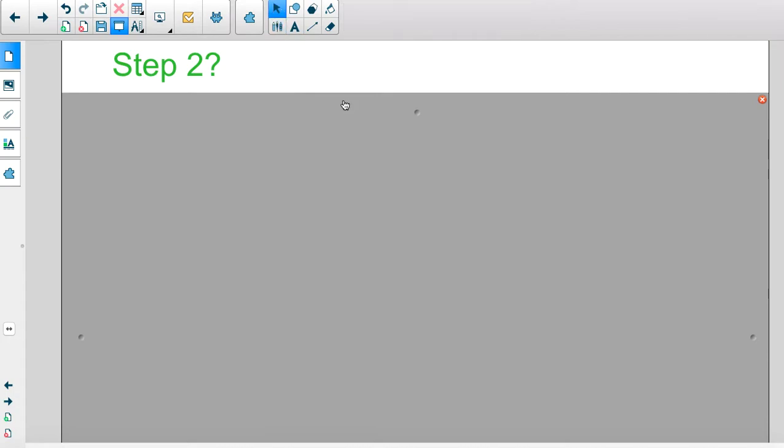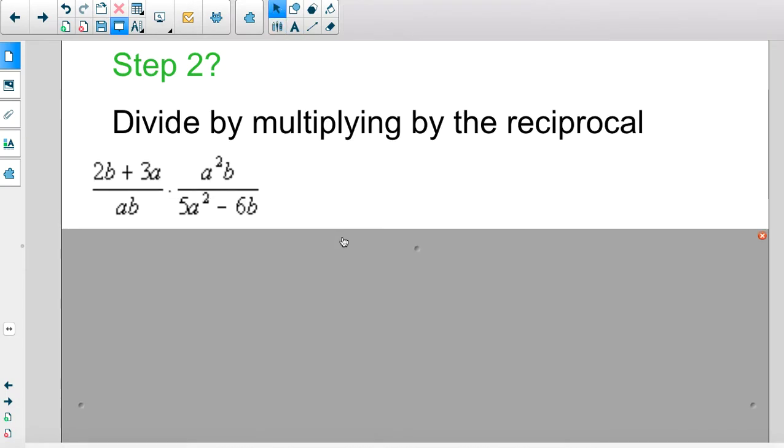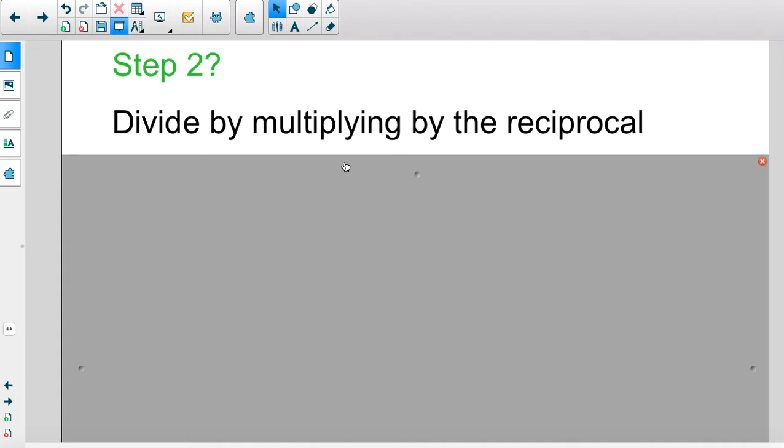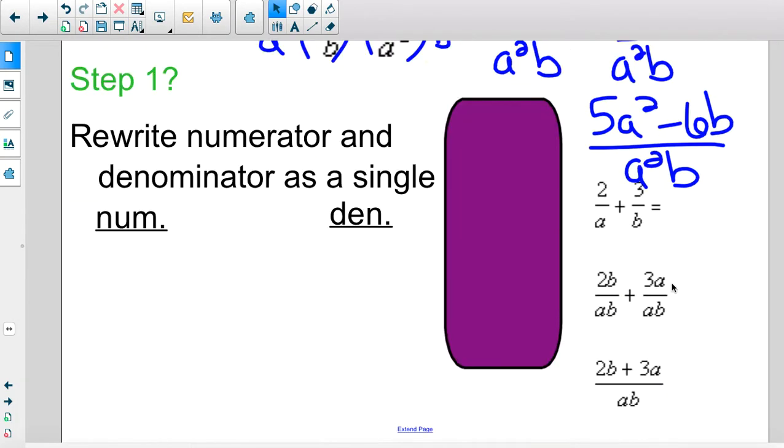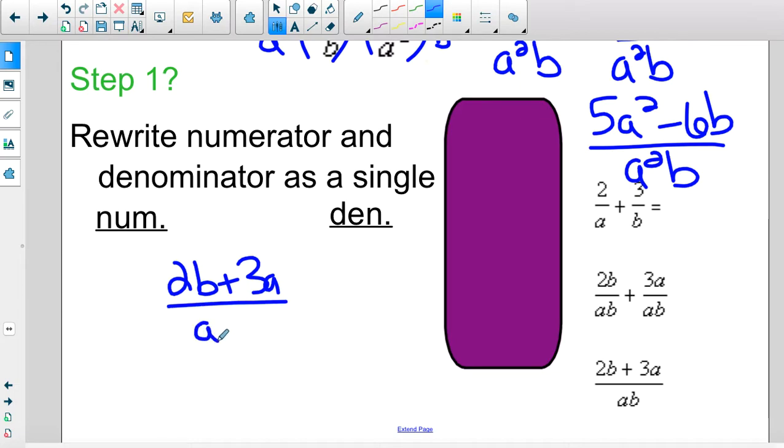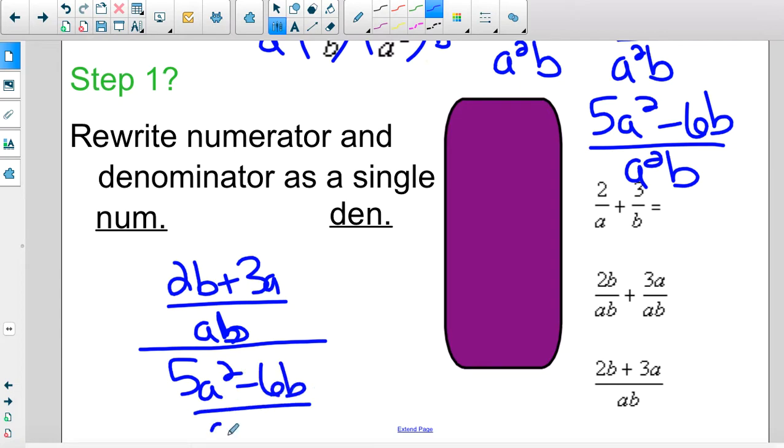And then from there, I think step 2 is going to say, instead of dividing, keep in mind what we had so far. We had this 2b plus 3a over ab, which is my numerator, divided by what we got in the denominator, 5a squared minus 6b over a squared b.